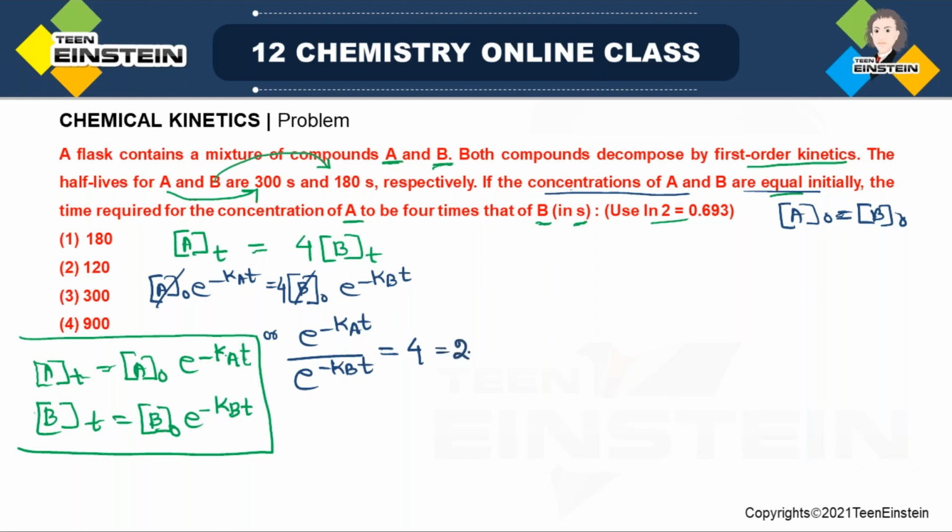4 we will write as 2 to the power 2, and on the left hand side, if we bring both the quantities to the same place, it will be plus Kbt, because it is in the denominator. When you bring it to the numerator, it will be positive. This is equal to 2 to the power 2. Now we will take ln both sides.